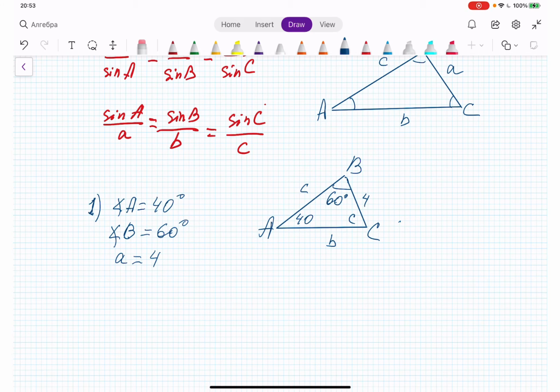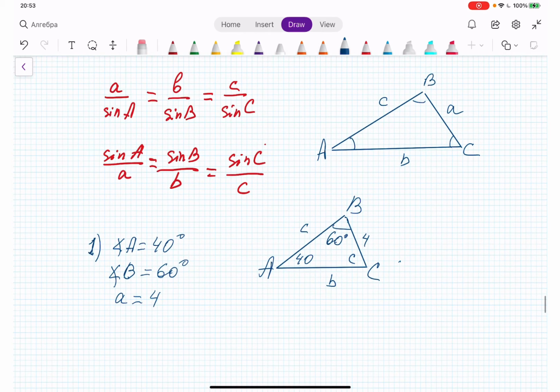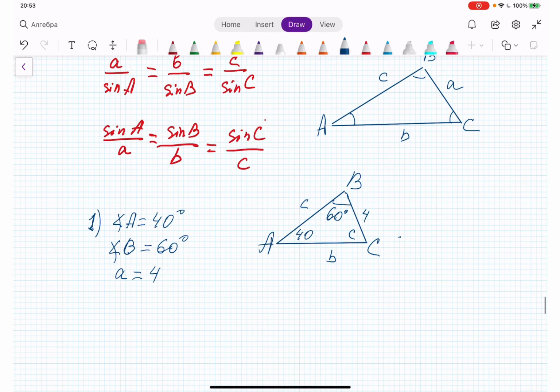Yes? All right. So first of all, using the sine law, a over sine A, b over sine B, and c over sine C. I'm going to figure out what I have and what I don't have.